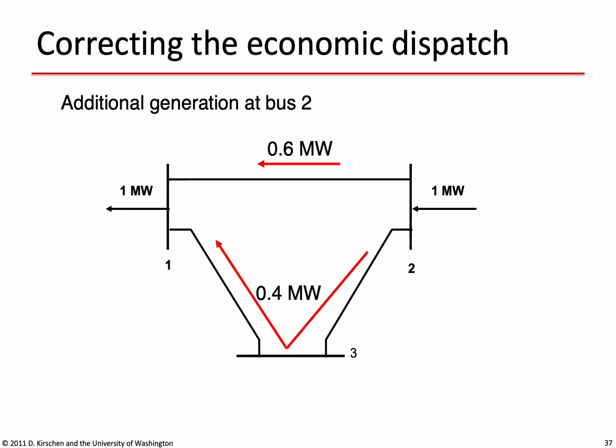To correct this problem, we could increase the generation at bus 2 or increase the generation at bus 3, and therefore reduce the generation at bus 1 by the corresponding amount.